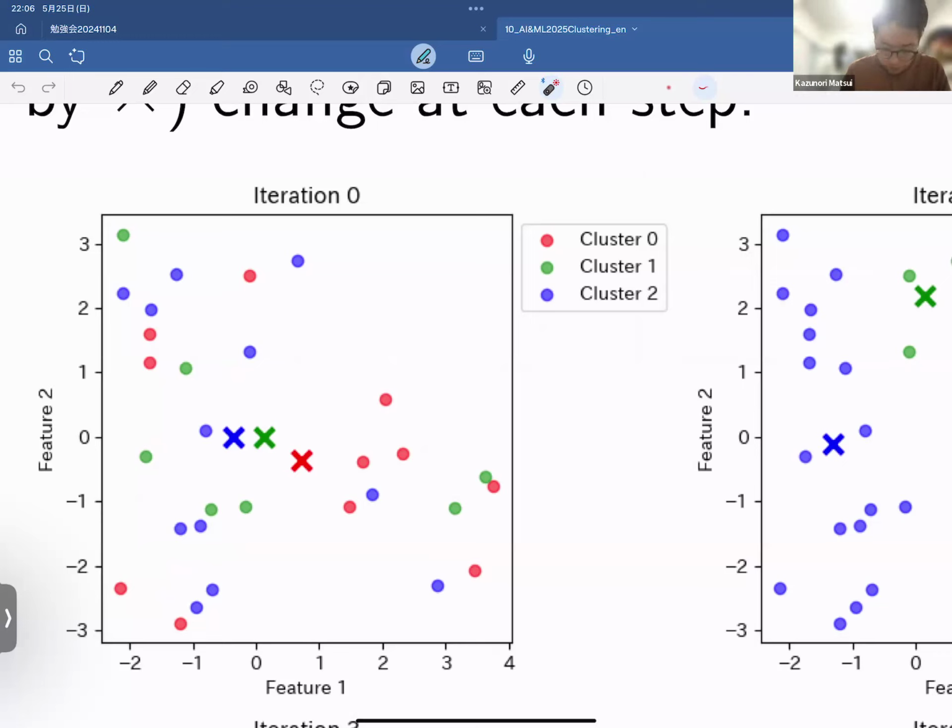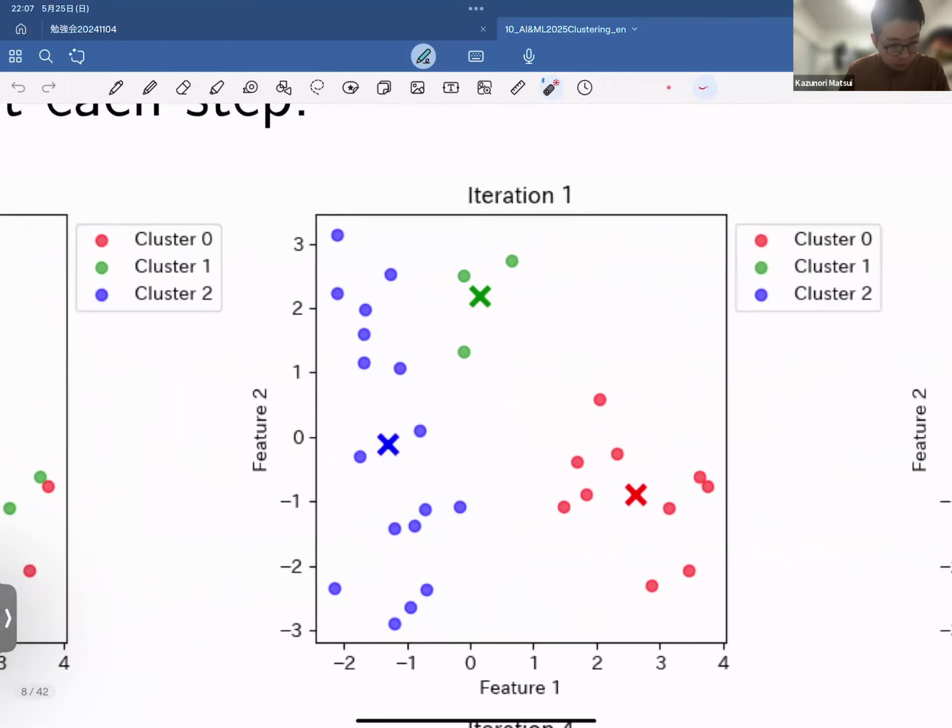So let's calculate the mean of the three clusters, red, green, and blue. Next, we check which of the red, green, and blue means is closest to each data point. In this case, all the data on the right side has a red center of gravity close to it. So in the next step, it will be classified as red.